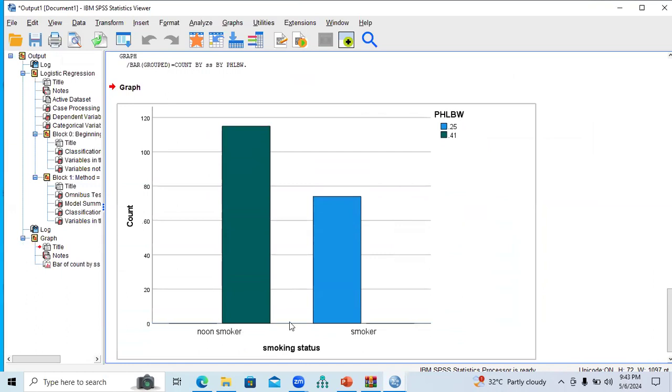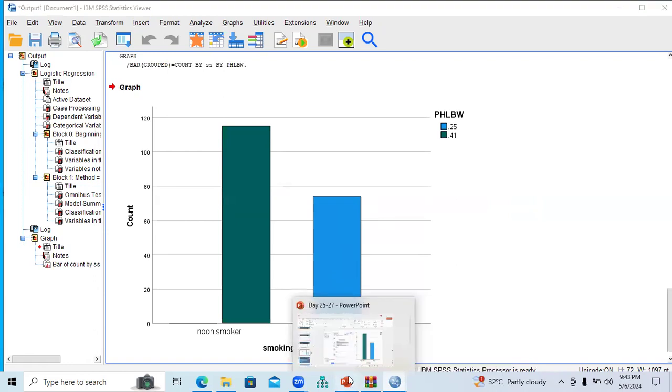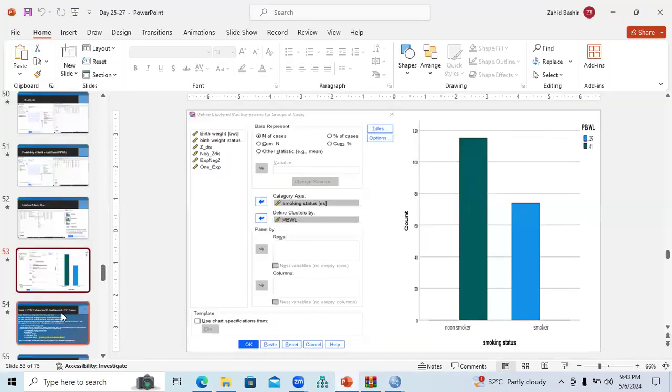So you can see here, there is high chance of having low birth weight if that person is a non-smoker, and if the person is a smoker, then there is low chance of having low birth weight. So these are basically the interpretation of this table, and with this we have completed case number 6.